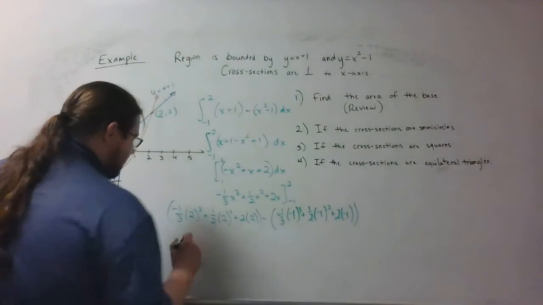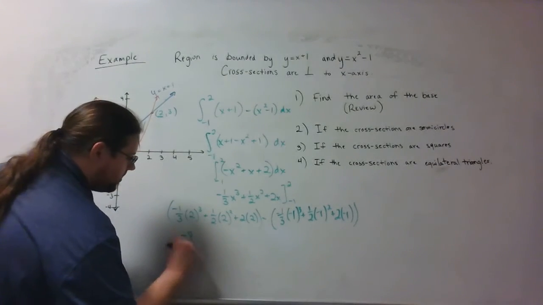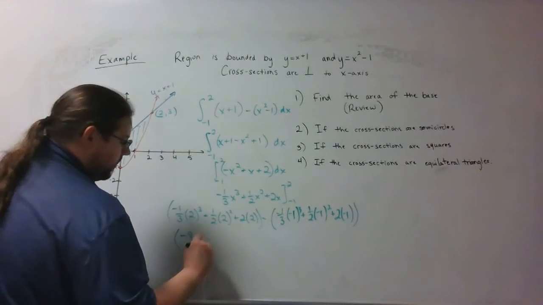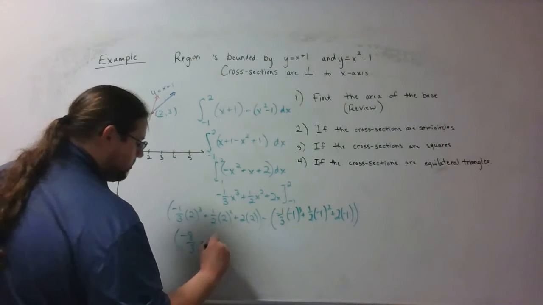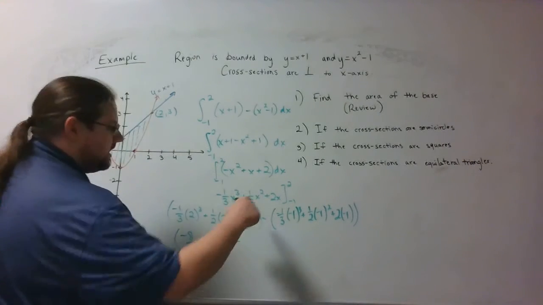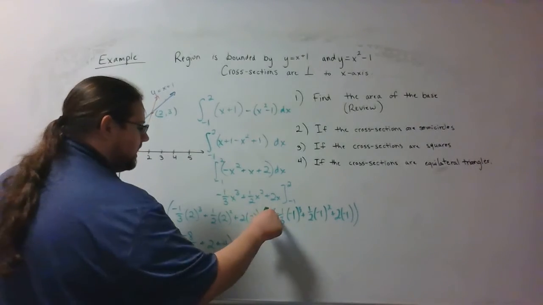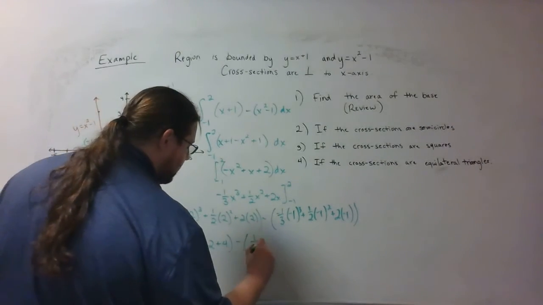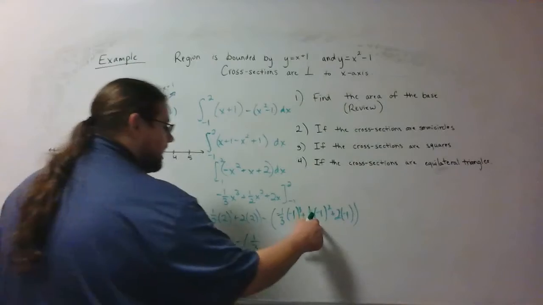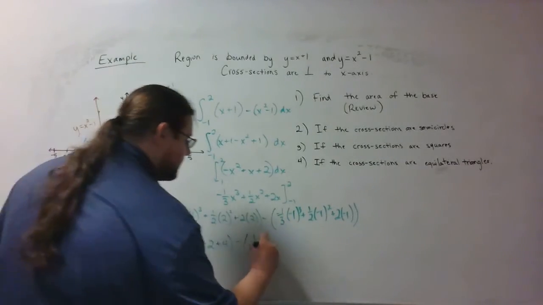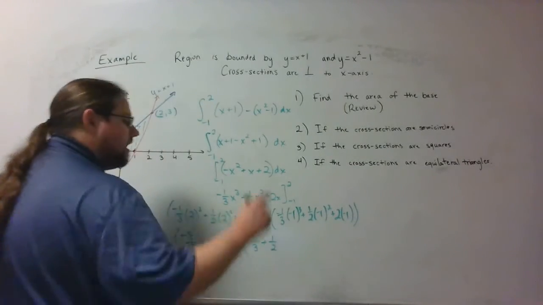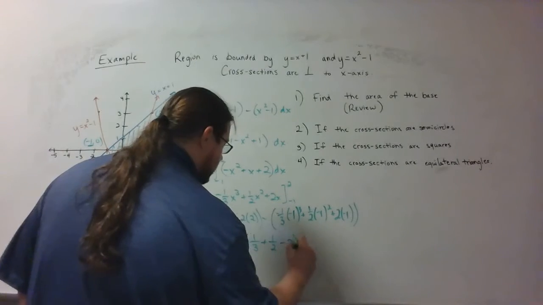That's going to become negative 8/3. 2 squared is 4, and half of that is 2. 2 times 2 is 4, minus, that's negative 1 cubed, which is still negative 1, and there's already a negative 1/3 there, so that's going to become positive 1/3. Negative 1 squared is going to become positive 1, so that's a positive 1/2, and then that's going to be a minus 2 here at the end.